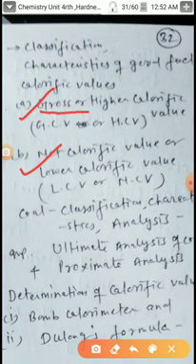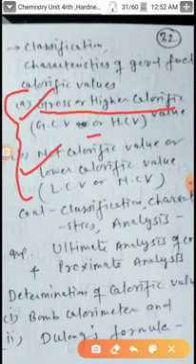So students, you understand the calorific value of a fuel is divided into two categories. The first one is the gross calorific value of a fuel, or higher calorific value of a fuel, GCV or HCV.